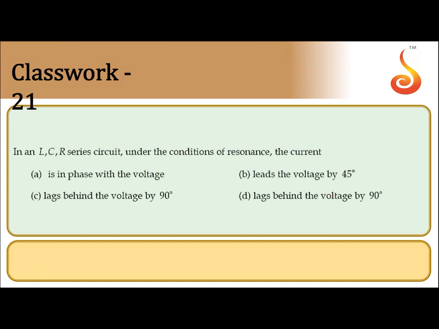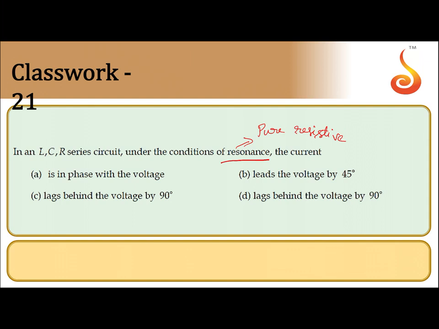We shall move on to next one. In an LCR series circuit, under the conditions of resonance, the current is in phase with voltage, leads voltage by 45 degree, lags behind voltage by 90 degree, or leads voltage by 90 degree. So it is the condition for resonance. At resonance condition, the circuit is purely resistive.